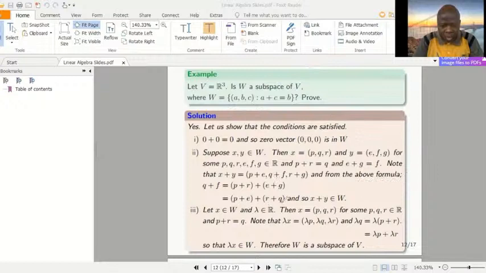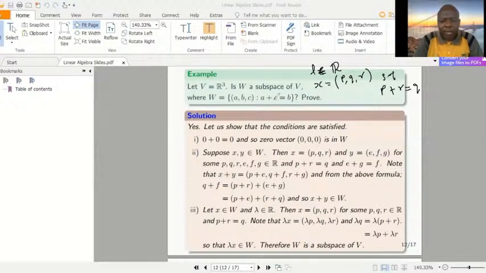So you'll go through the workings here again. What I've just been explaining, I've done it here. I now want to show the last condition. I choose a scalar lambda in the real numbers. And then I choose vector X, which I already know is P, Q, R, such that the sum of P and R gives you Q. That's the condition given here.